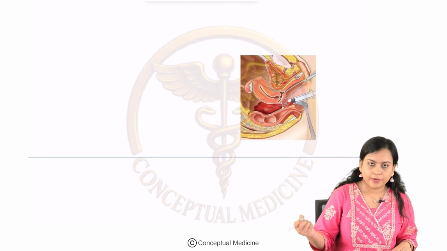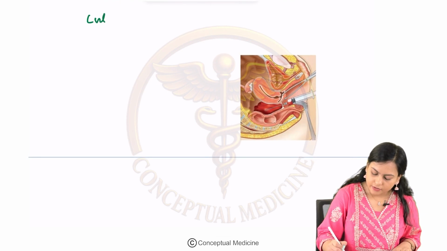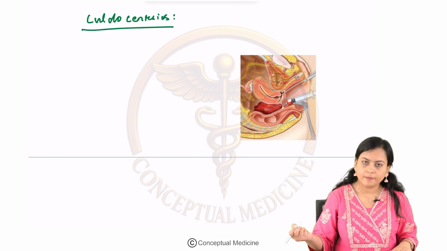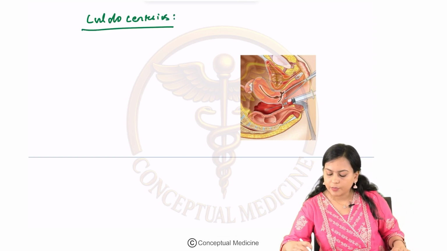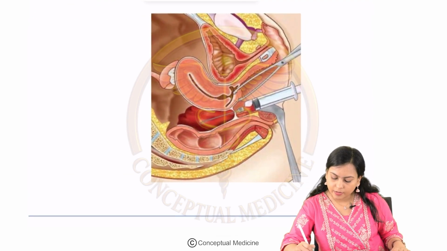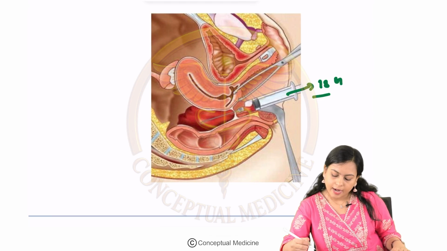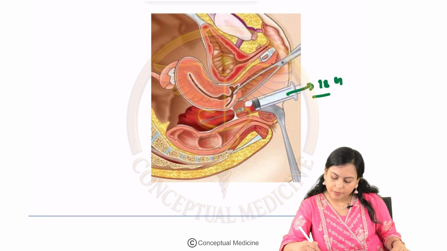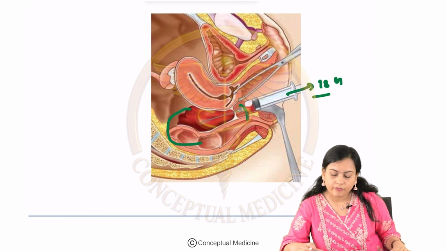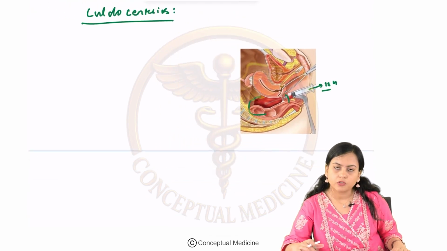Now, previously they were doing culdocentesis. This is a procedure where they use a needle, say an 18-gauge needle, and insert it into the pouch of Douglas. They aspirate the blood or free fluid collected in the pouch of Douglas.